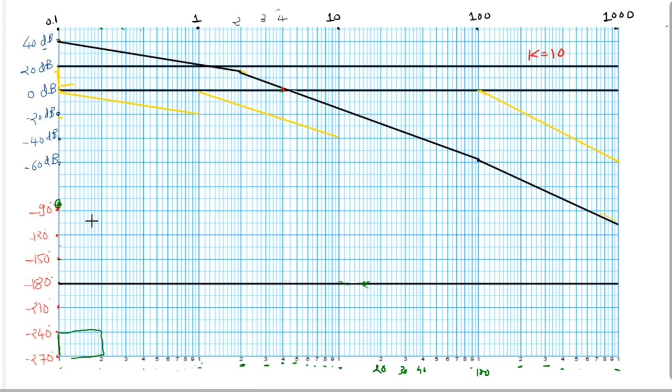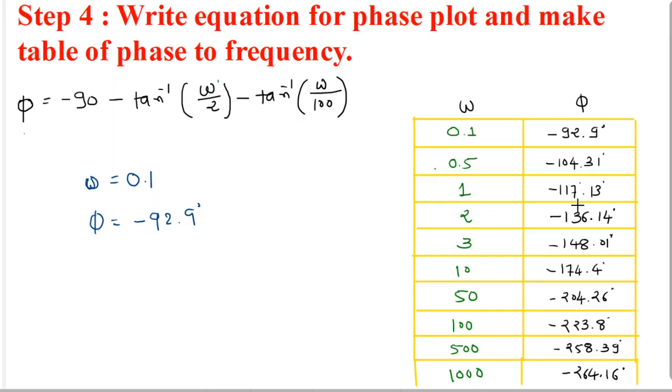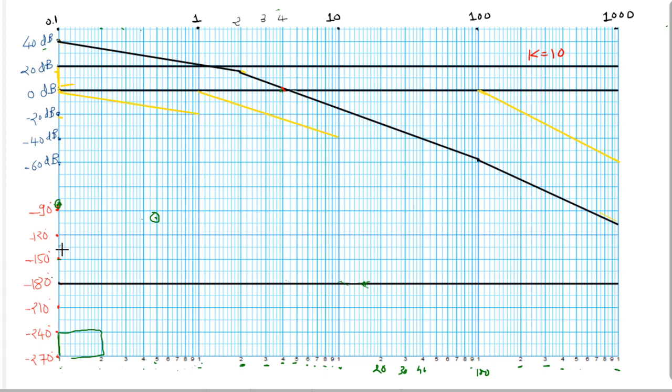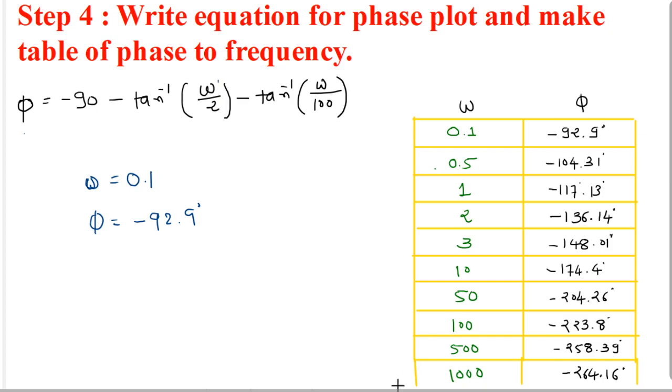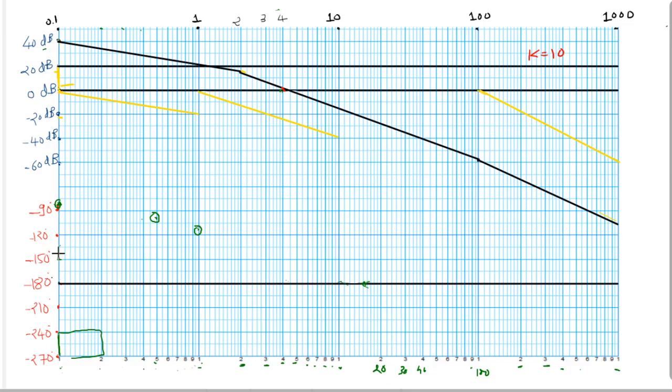Between minus 120 and minus 90, at 0.5, that means here approximately. Then at 1, that is minus 117.13 degree, here. Then at 2, minus 136.14 degree.